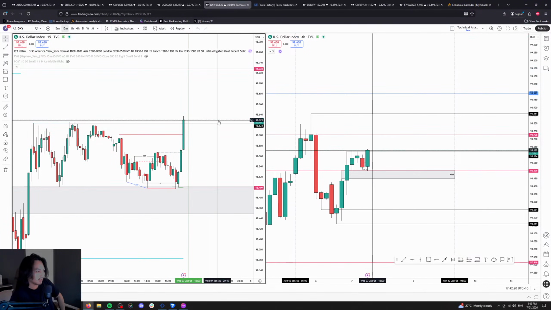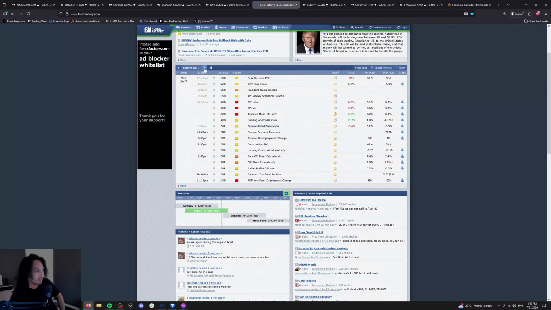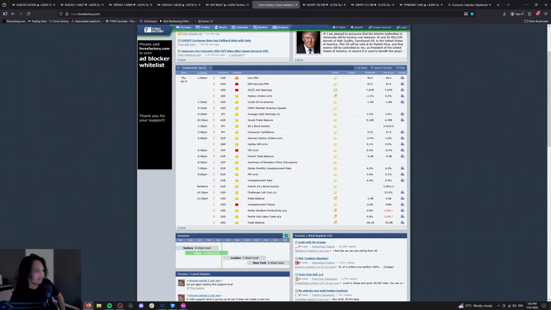Yen is actually more messy anyway, so I reckon tomorrow, let's have a quick look at tomorrow's news. Jolts, oh, that might affect the way price looks tomorrow. Unemployment claims, the start of NFP from tomorrow as well. Might not even trade for the rest of the week, based off this.